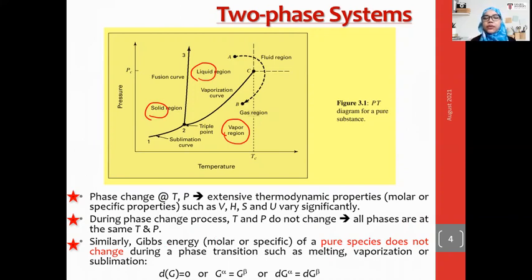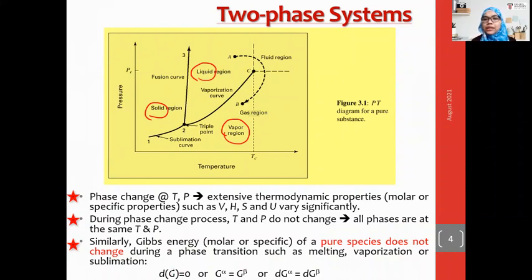Similarly, when we consider the Gibbs energy of a pure substance, it also does not change during the phase transition, such as during the melting process, vaporization, or sublimation.